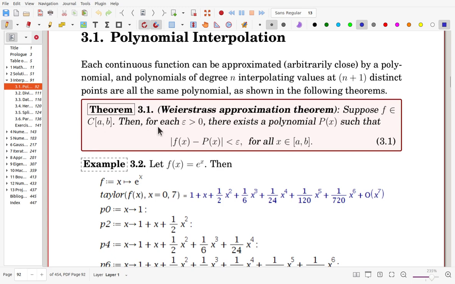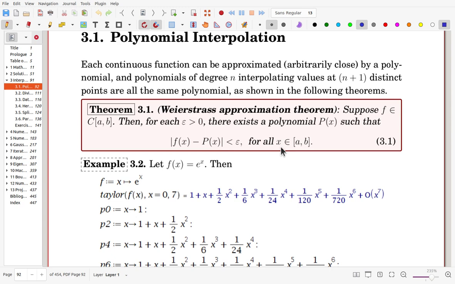Then, for each choice of epsilon positive, there exists a polynomial p(x) such that the distance between f(x) and p(x) is bounded by epsilon for all x in the interval.